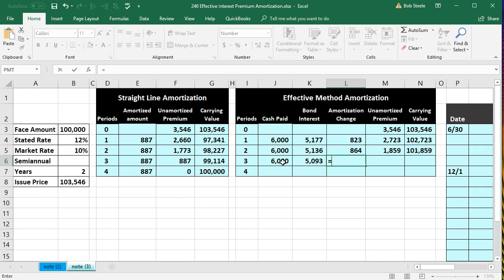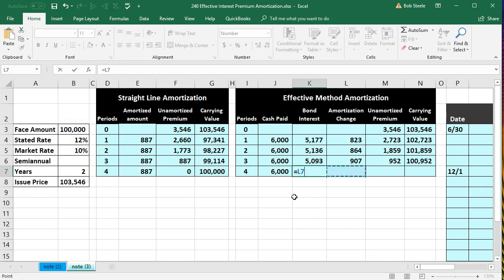And then the difference is going to be equal to the 6,000 minus the bond interest. And then the unamortized premium is going to be equal to the prior amount minus the change. And then our carrying amount will be equal to the face amount of the bond plus the unamortized premium. We'll do this one more time, and this should go down to 0 now, and the carrying amount should go down to 100,000, the face amount of the bond. So the cash payment, again, it could equal this, but I'm going to do it one more time: the 100,000 times the 12%, the stated rate, divided by 2.